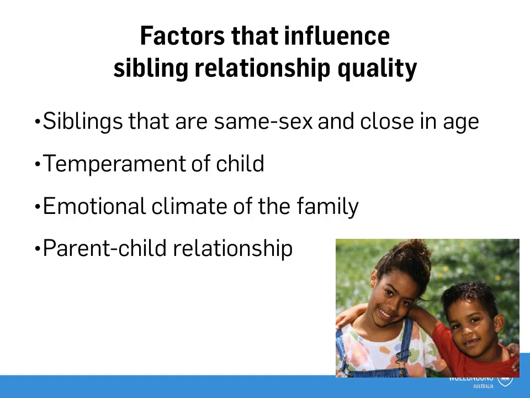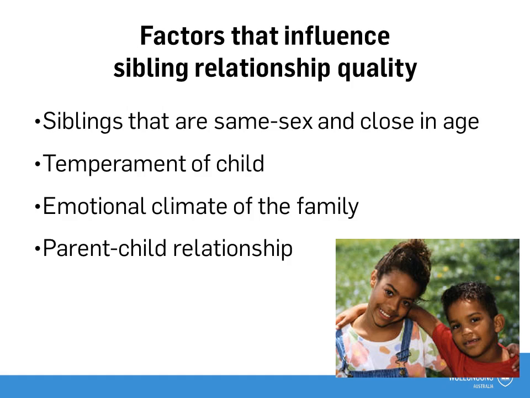And really having those similarities in age and being of the same sex gives children access to more similar experiences and common interests that can encourage them to play together and spend time together and create that sense of closeness. As we talked about last week, children tend to have gender differences in play, and children seek out same-sex children to play with. And so having that commonality with a sibling creates a closer bond in general.